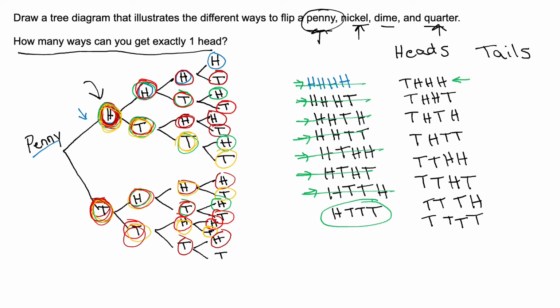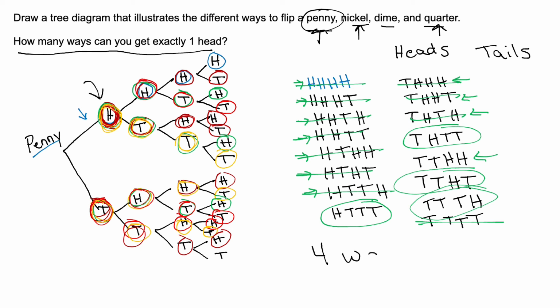If I look at this one, I have 3 heads, then I have 2 heads, I have 2 heads, and then 1 head, 2 heads, 1 head, 1 head, and then 0 heads. So there are 1, 2, 3, 4 ways to get exactly one head when I flip a penny, nickel, dime, and quarter. So my answer is 4 ways.